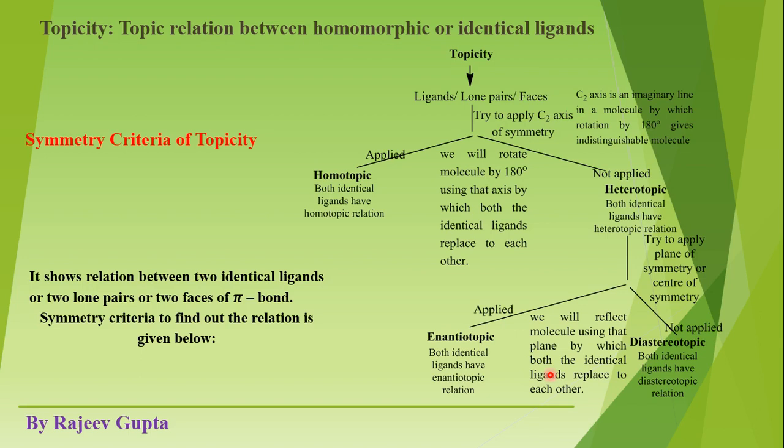If C2 applied, then homotopic. If C2 not applied, then heterotopic. Then we apply plane of symmetry in case of heterotopic. In homotopic we will not apply this plane. It is stopped here. But here we further move to plane of symmetry. If plane of symmetry is applied, then enantiotopic. If not applied, then diastereotopic.